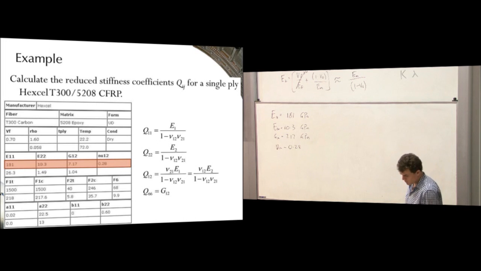Okay, so we've got to work out the reduced stiffness coefficients, the four that are shown there: Q11, Q22, Q12 and Q66.